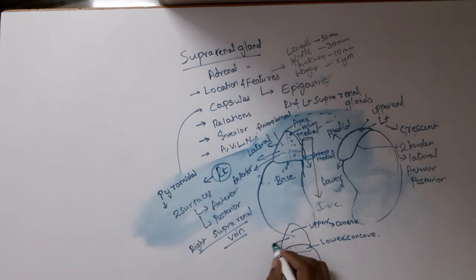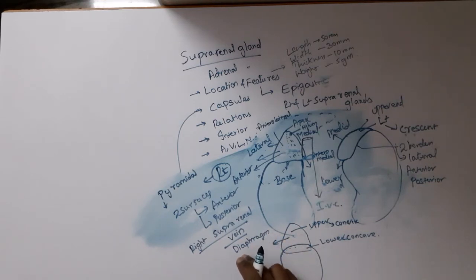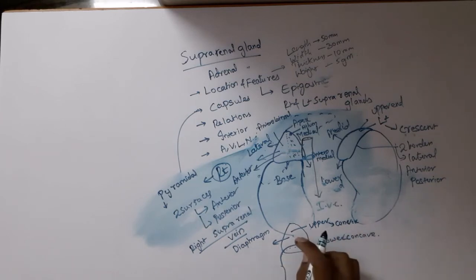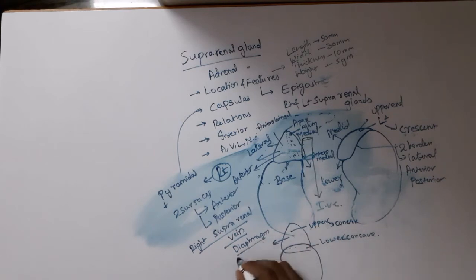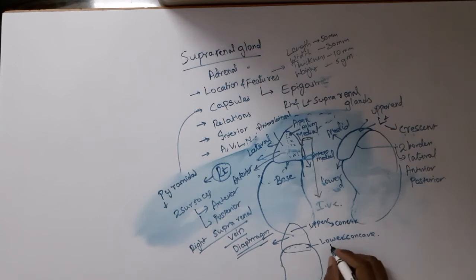This upper part of the posterior surface is related with the diaphragm. This diaphragm separates the suprarenal gland from the costodiaphragmatic recess, that separates the suprarenal gland from the right lung. The upper part is related with the diaphragm and the lower part, which is concave, is related with the upper part of your right kidney.